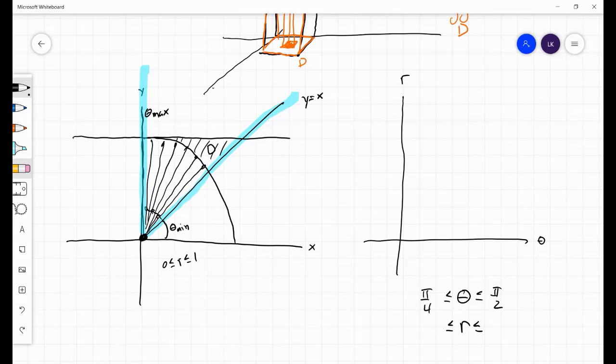That can't be it. So wrong region. This is inside the circle. We need to be outside. So what's the lower bound for r? You're sweeping out this region in a radial fashion. So theta is something, we want to cover region D, so draw radial lines. What's the starting value of r?